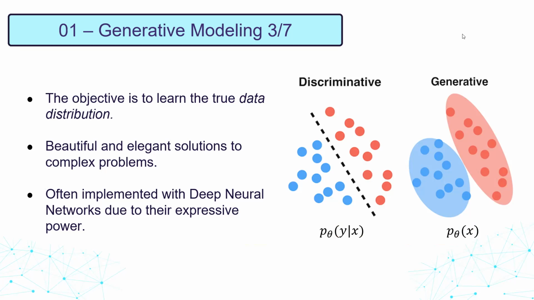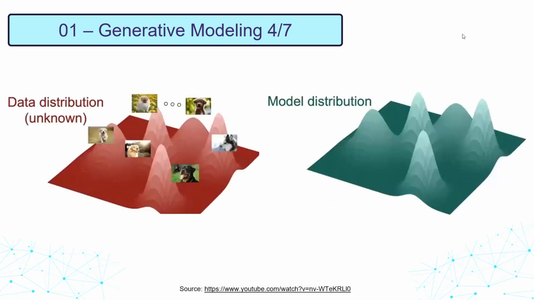These models are actually very beautiful and elegant, and they are solutions to some very complex problems. And because the problems are so complex, we often use neural networks to implement them, just because they can approximate basically arbitrary functions. So this is another example. The data distribution, so the ground truth basically, is given in red. And obviously this is not known, right?